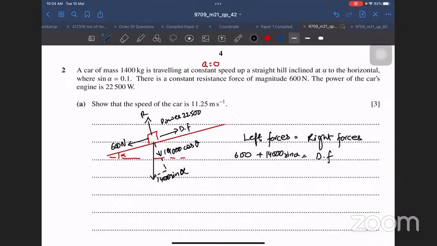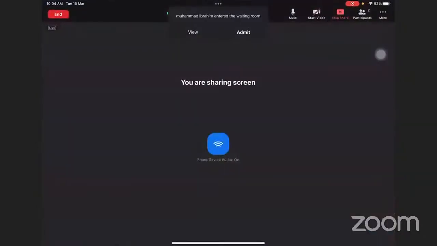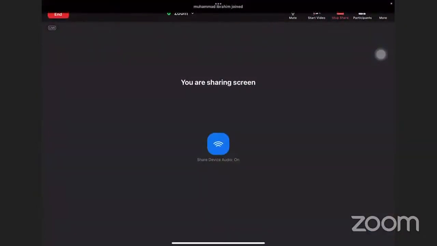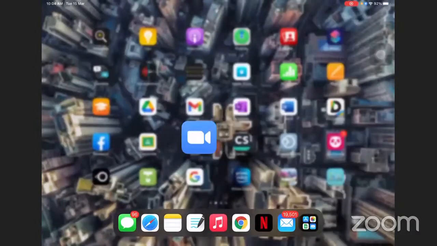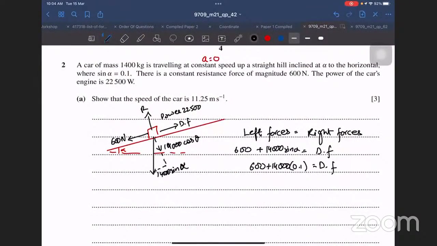So I get 600 plus 14,000 into 0.1 equals dF. I get dF equals 2000.